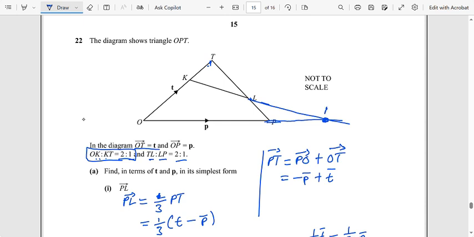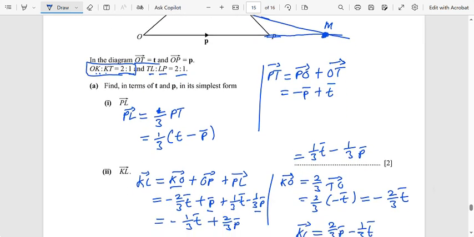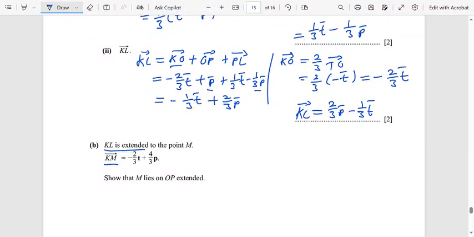The idea is to show that M is also on OP as it is also on KL. So if M is a point such that it also lies on OP extended, we are saying that makes O, P and M collinear points. So O, P and M will be collinear points.